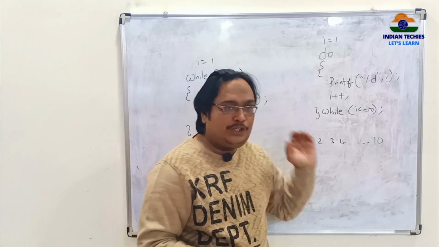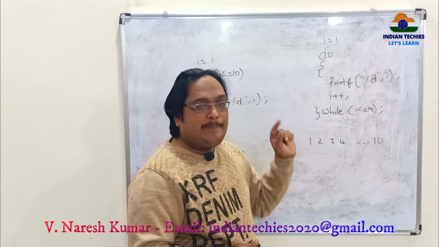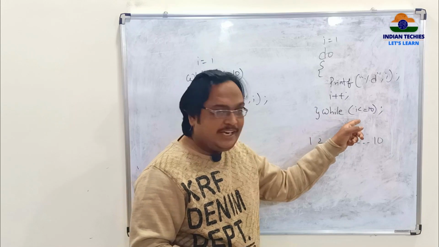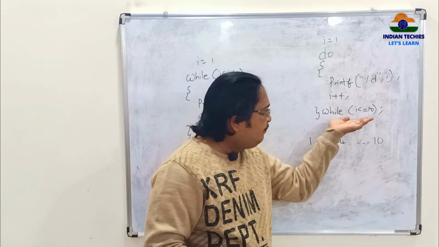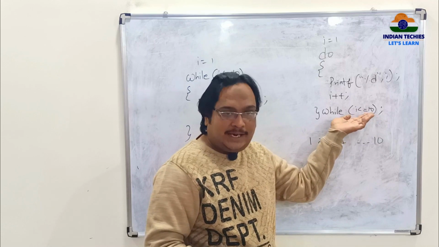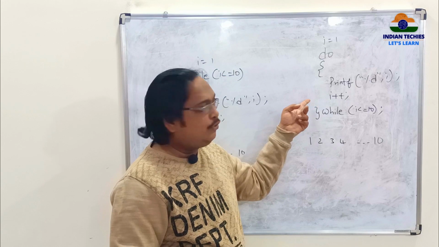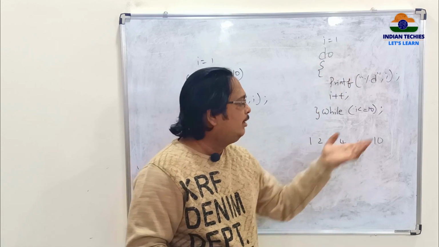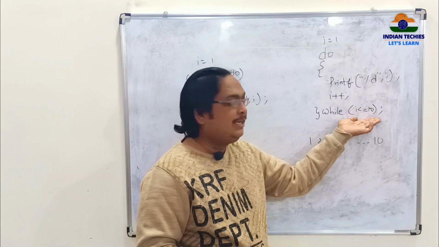But when you come to do while, if you want, you can perform the initialization of the while condition inside the do also. Because to check this condition, first of all you have to execute the block. So if you want, you can initialize inside the do block also. Then that initialization can be considered in this condition.